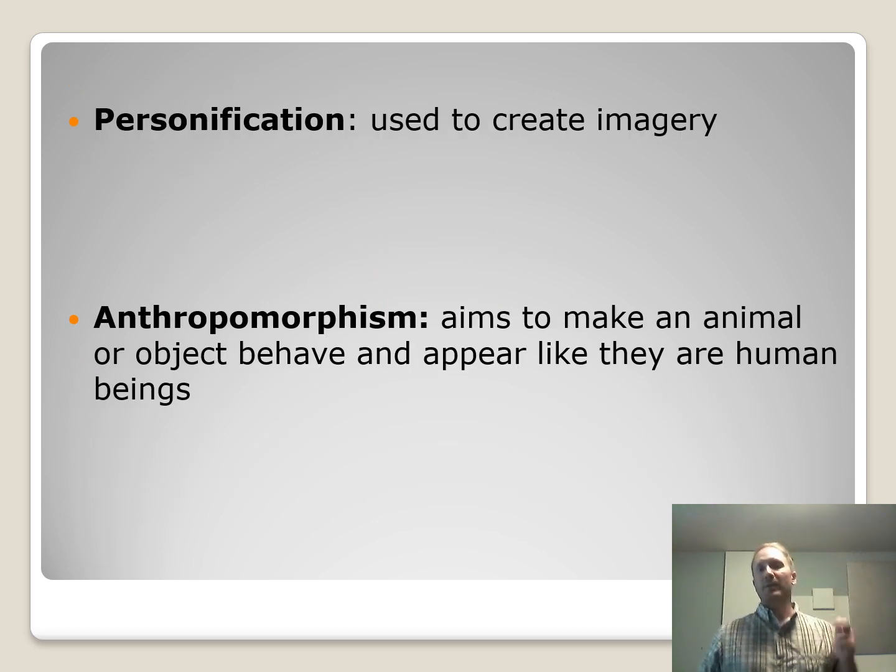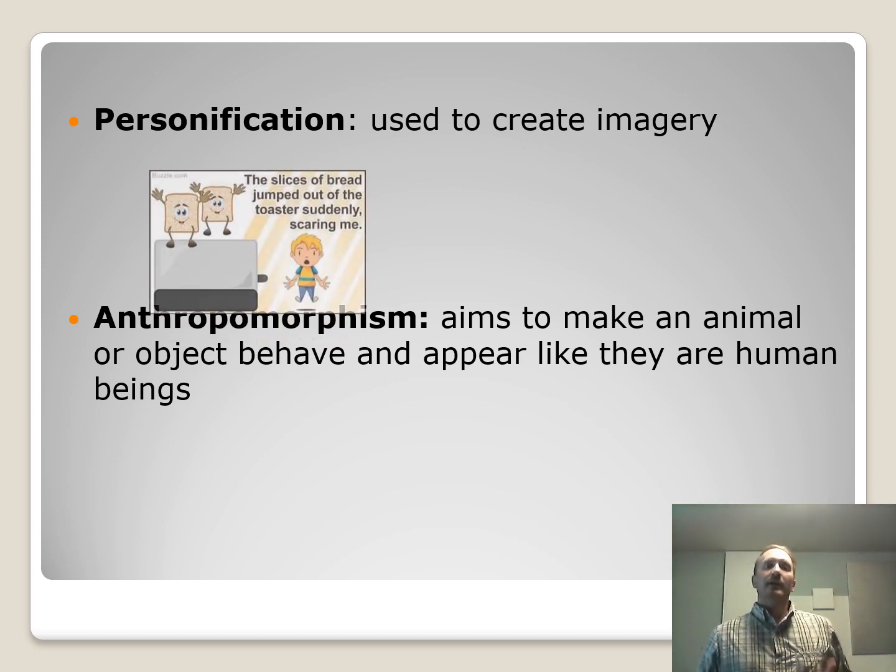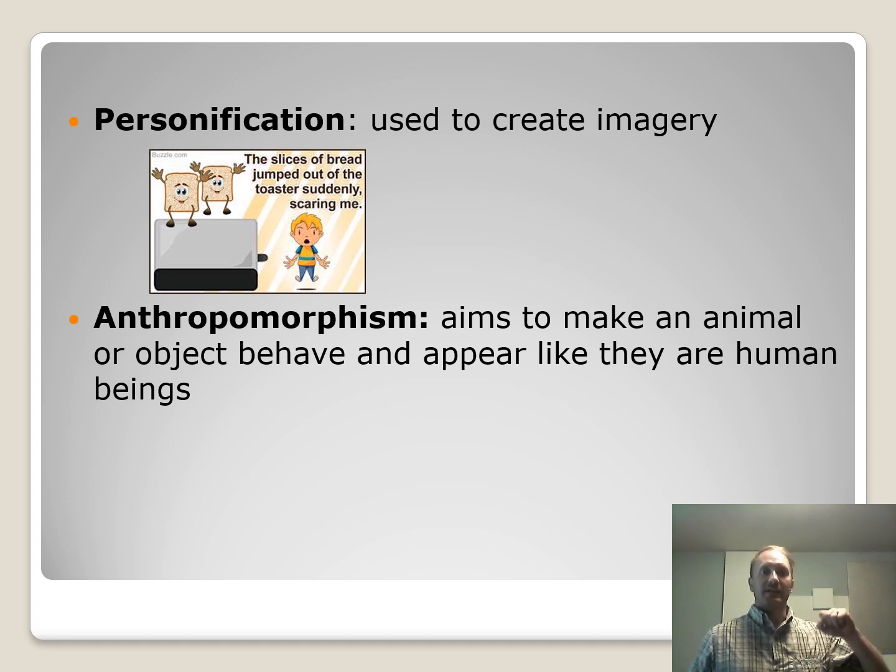So even though personification and anthropomorphism sound very similar, we use them for different things. Personification is used to create imagery in our writing. So we see things like the slices of bread jumped out of the toaster, suddenly scaring me. We're relating that human action of jumping to the toast, but we're not really making the toast human.